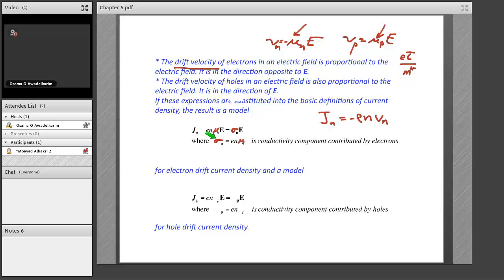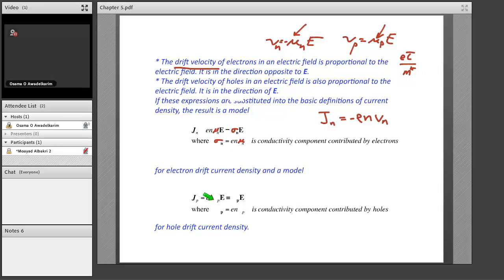Now you hear the word conductivity, okay? And this conductivity depends on the density of free electrons and the mobility of these free electrons. It is a product of the density and mobility times the electronic charge.